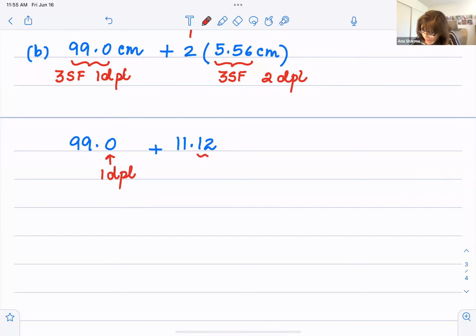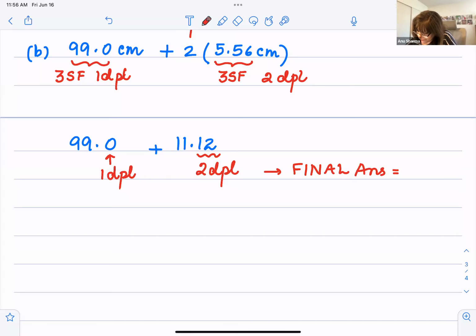So this is now 2 decimal places. So your final answer should only have 1 decimal place, the lowest number. Final answer should have only 1 decimal place.